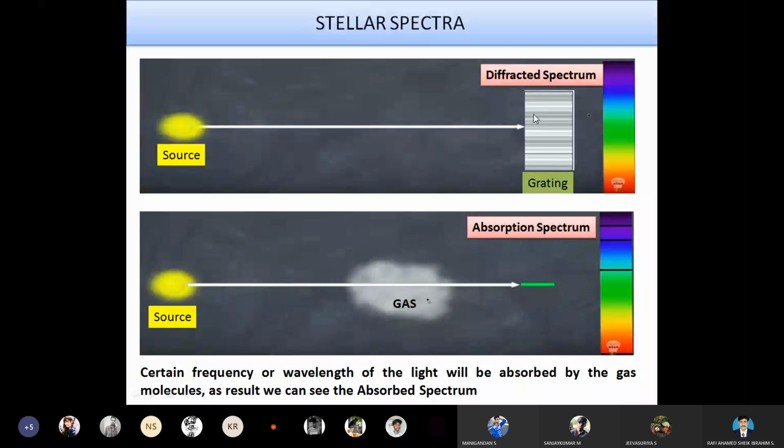So from this slide, what are we going to see? Our objective from this unit is to study how spectroscopy is used in astronomy.